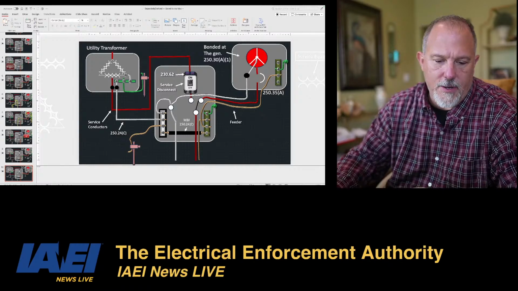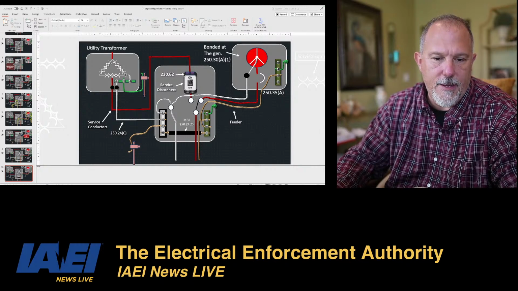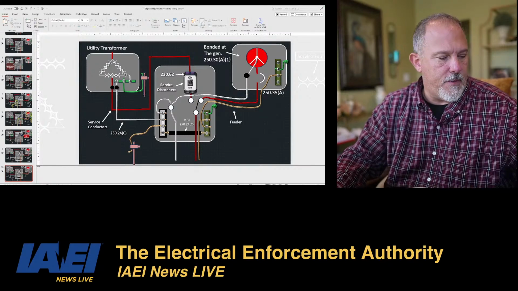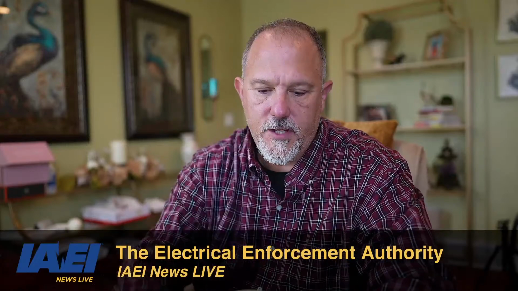I thought I had, let me look. I might have a generator, let me look at something here. I might have a transfer switch.